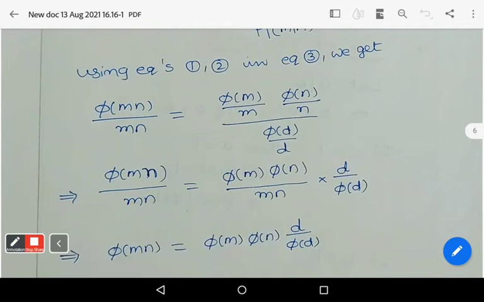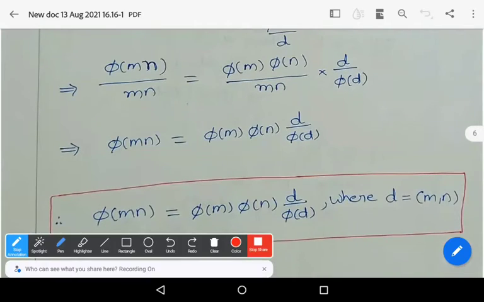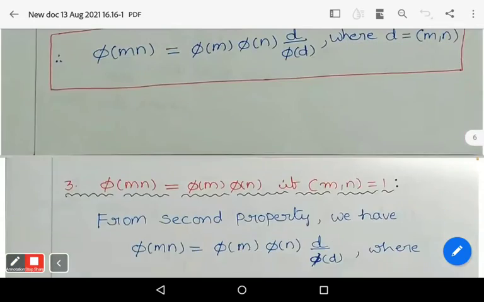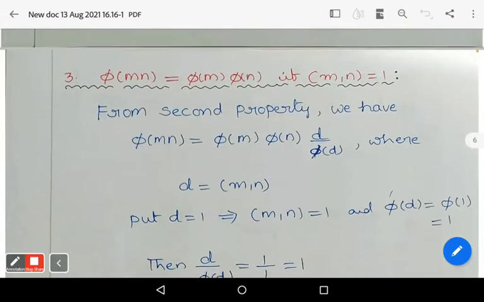Finally you get: phi of mn is equal to phi of m into phi of n into d divided by phi of d, where d is equal to gcd of m comma n. That's it. That is the second property.